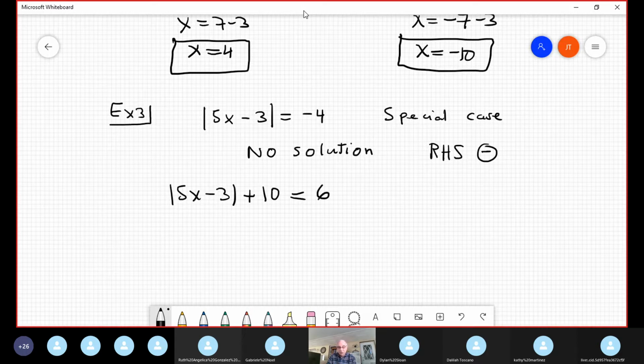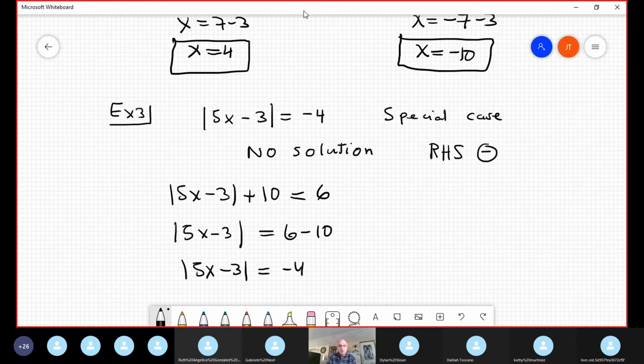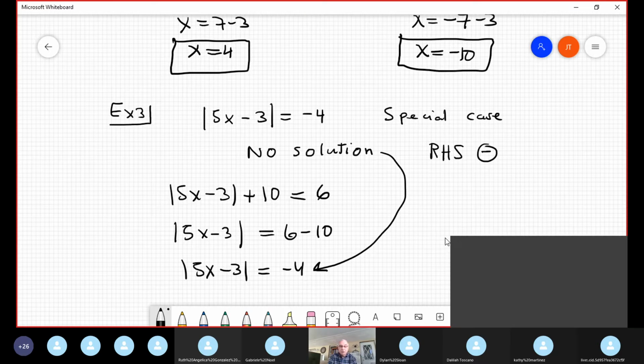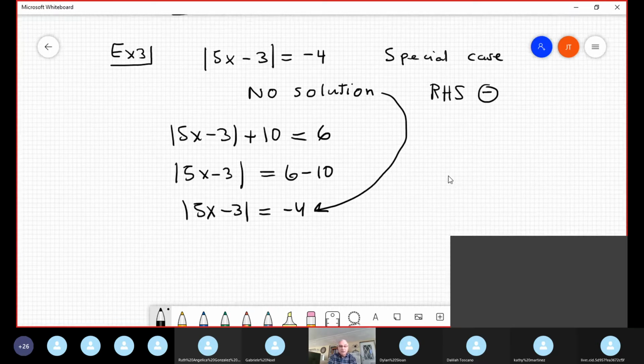Well, the first thing you should do in this problem is isolate the absolute value. You move 10 to the other side, so 6 minus 10 is negative 4. And we get exactly the same situation, no? Negative 4 on the right-hand side, no solution. Is it clear? Yes or no? Okay. Yes, Angelina says yes.